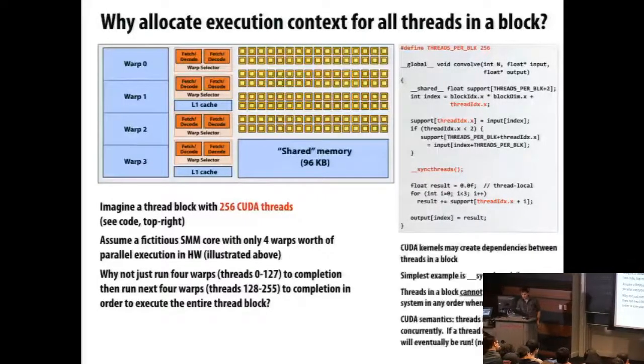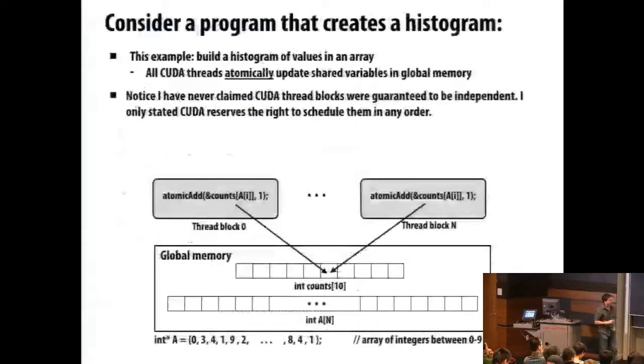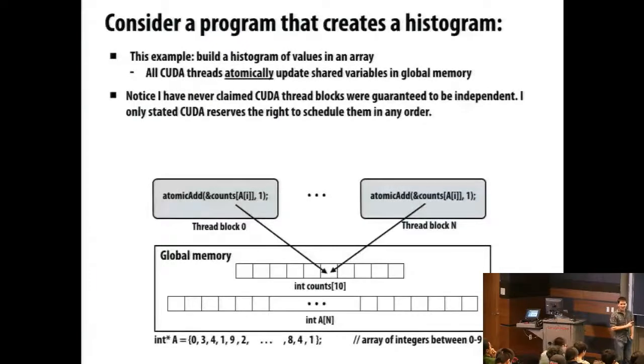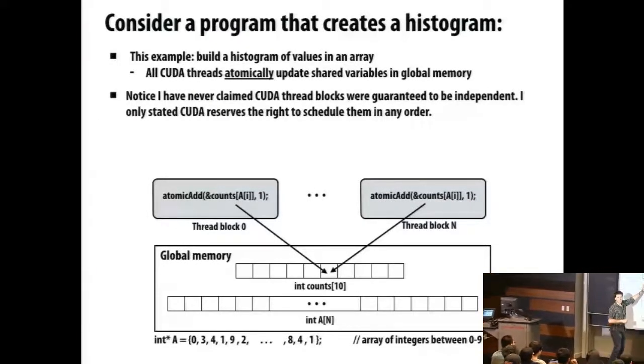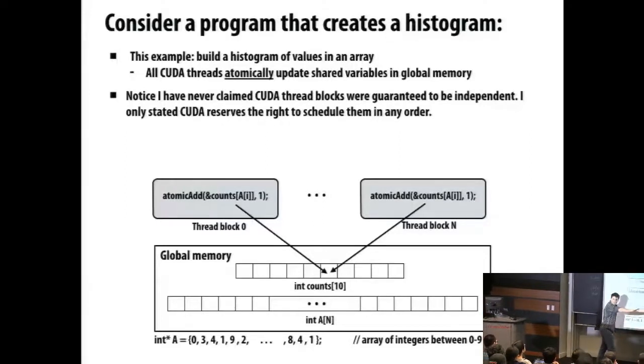Okay, good. And one last self-check, since this is the end of the day. What about this one? Similar problem. Imagine that I'm trying to build a histogram. The kernel is just for every element, take the index, some integer, and increment a counter in an output array. Let's just say that I have this huge list of integers.